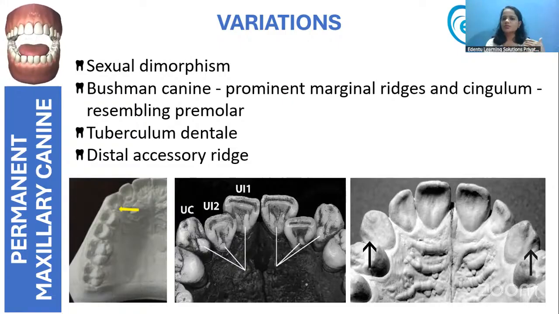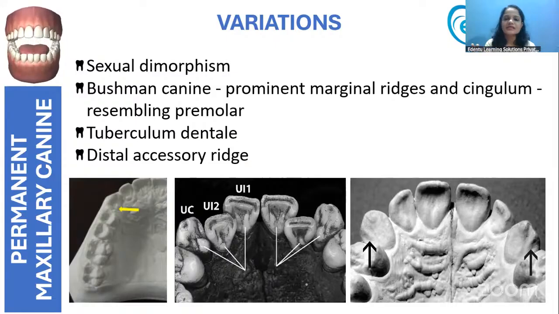While taking the bite mark pattern or for other things to identify whether the culprit is a male or a female, the dimensions of the canine can help a lot. So that's where sexual dimorphism plays a very important role in forensic odontology.